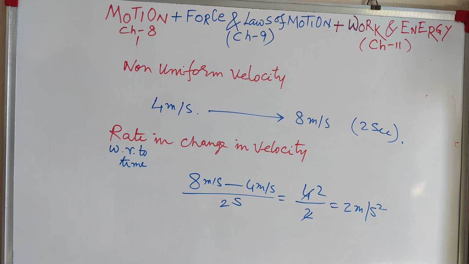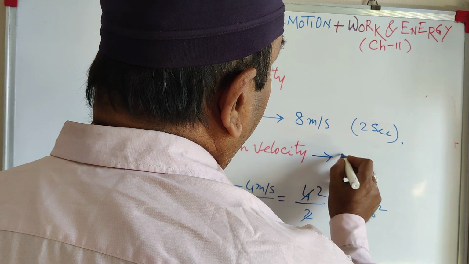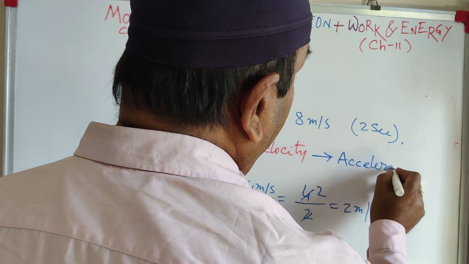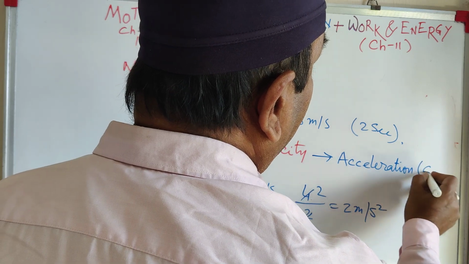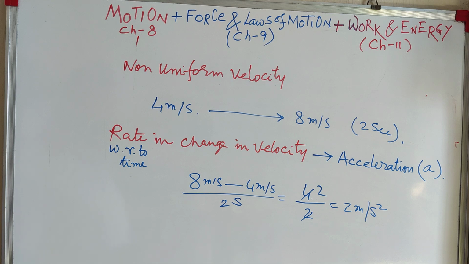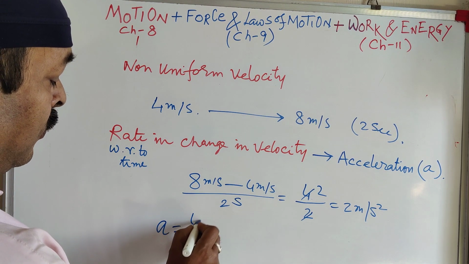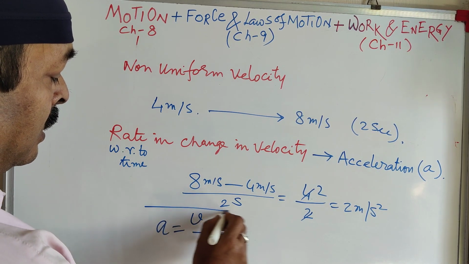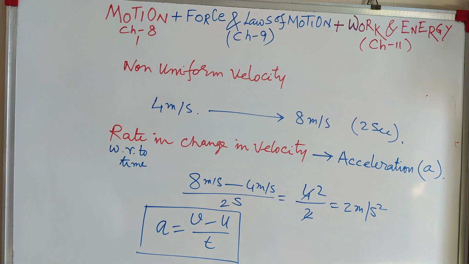This rate of change of velocity has a single name, and that name is acceleration. It is symbolized as A. I told you in physics everything is symbolized. So we can come to one formula: A is equal to V minus U upon T. This is the formula of acceleration.